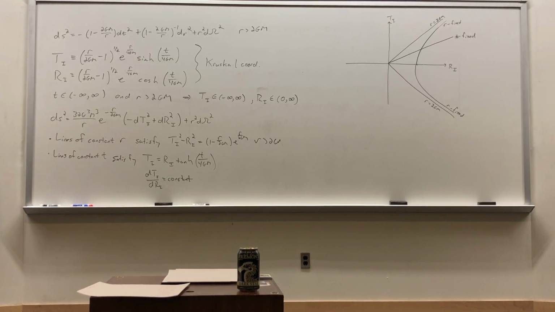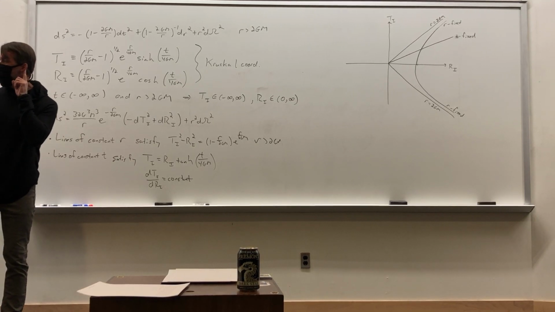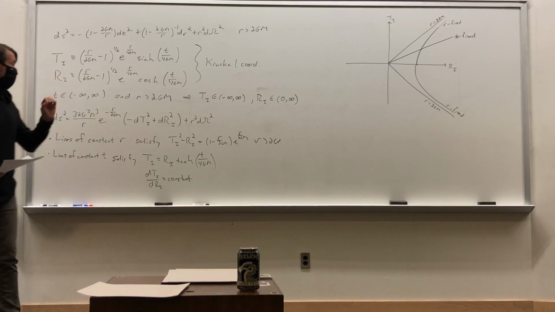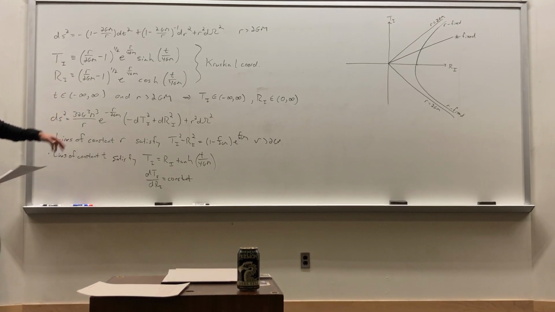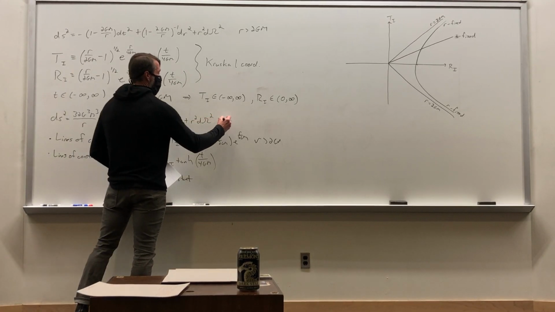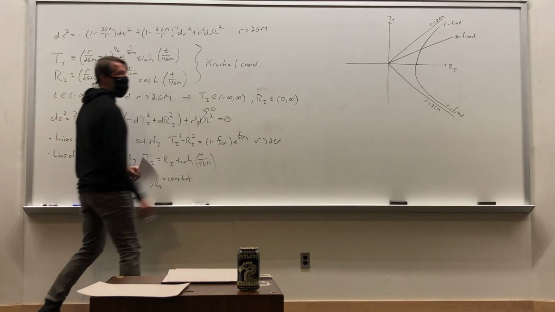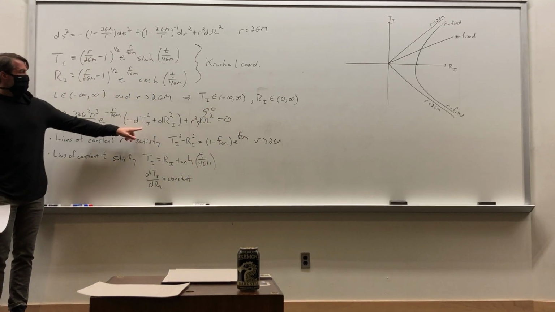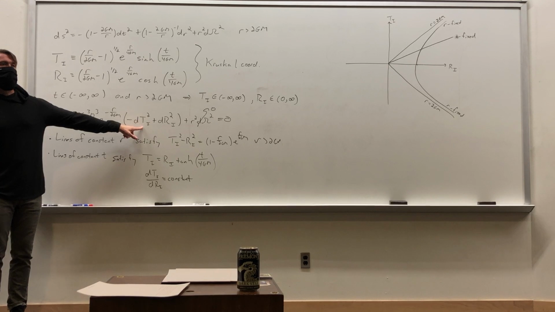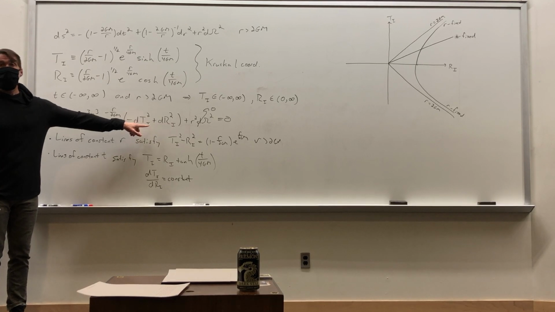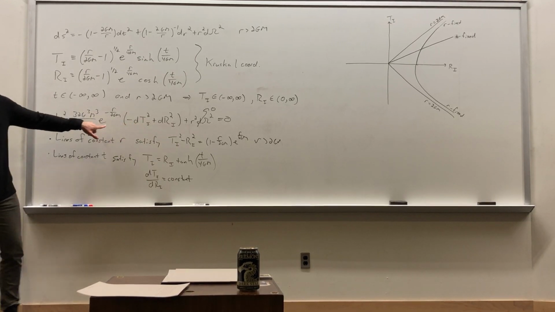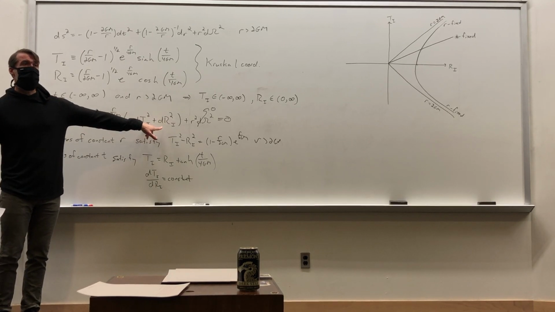Anyone? ds squared for a light cone is 0. Well, I'm taking this to be 0, and I'm not looking at angular motion. So minus dT1 squared plus dR1 squared equals 0. Does everybody see that? The prefactor isn't going to be 0 in general, so these have to equal 0.